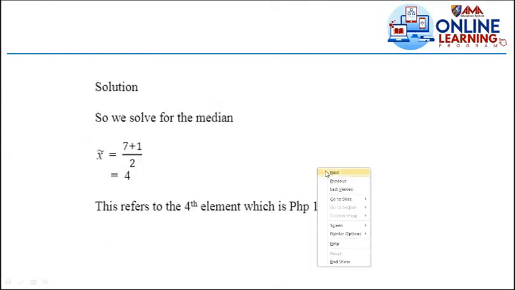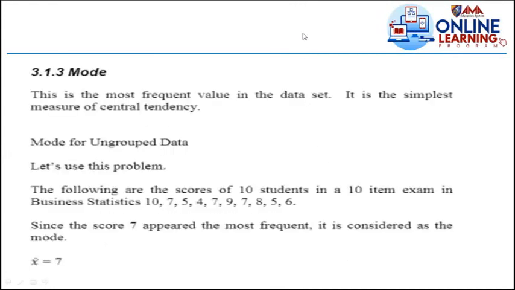Okay? Next, you have the mode. This is the most frequent value in the dataset. It is the simplest measure of central tendency. This means that among the three, the mean, median, and mode, the easiest is the mode. Mode for ungrouped data. So let's use this problem.